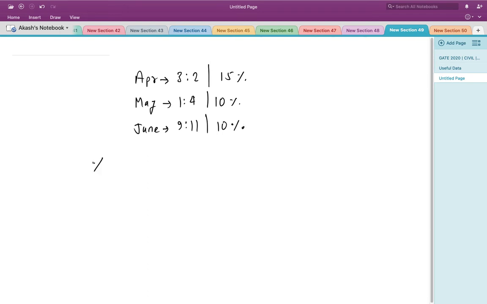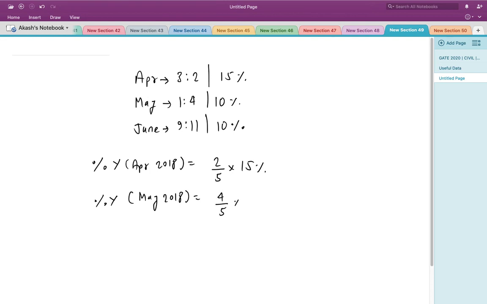So the percentage of the LED bulbs sold by firm Y during April 2018 would be given as 2 upon 3 plus 2, that is the share of firm Y in the ratio, times the total percentage of the bulbs sold, that is 15%. Similarly, the percentage of LED bulbs sold by firm Y during May 2018 would be 4 upon 1 plus 4 times 10%, and the percentage sold by firm Y during June 2018 would be 11 upon 9 plus 11 times 10%.